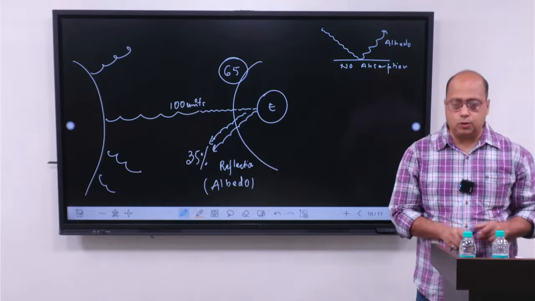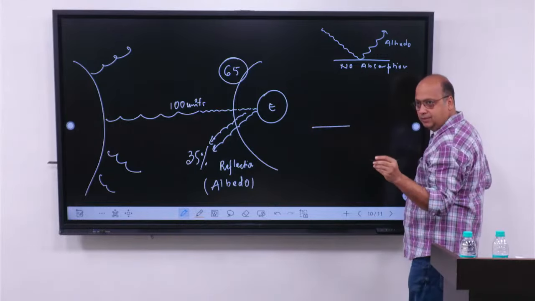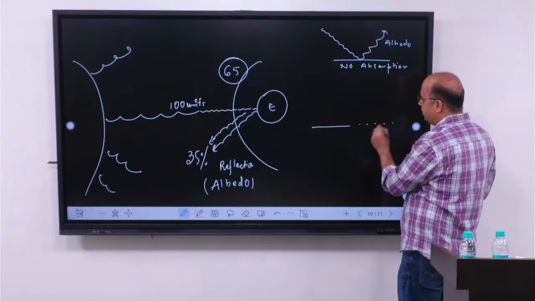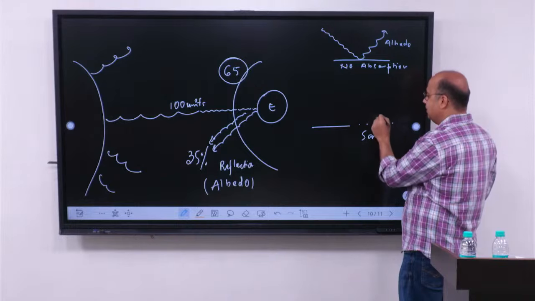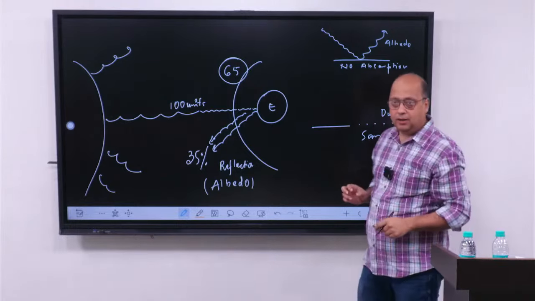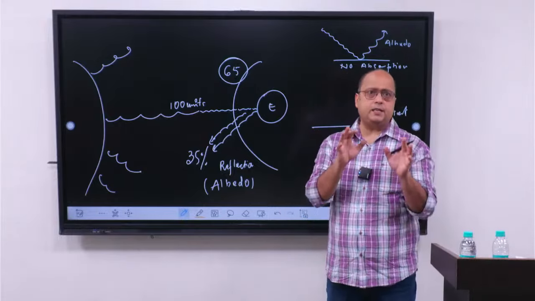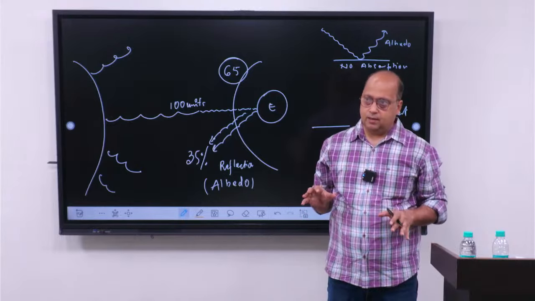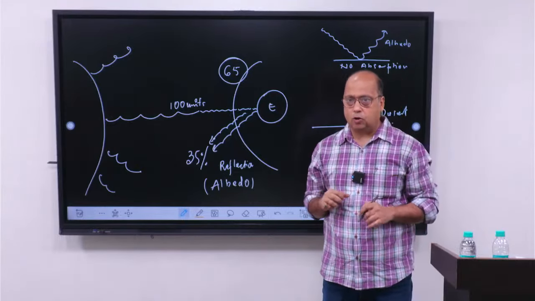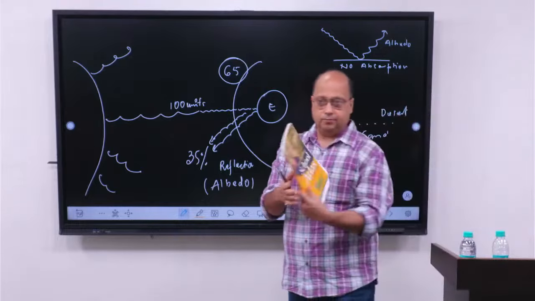But which surface is a smooth surface? Like a rocky surface or sandy surface? Sandy surface. And where do we have sand? Deserts. You will be surprised to know that the desert also plays a major role in creating albedo. It means what? If we see deserts from space, will they appear dark or bright? Bright.